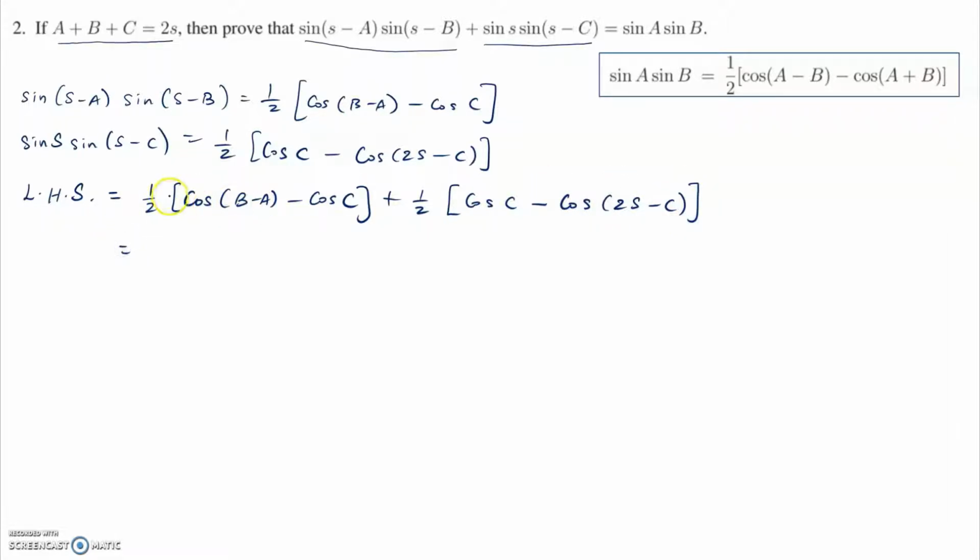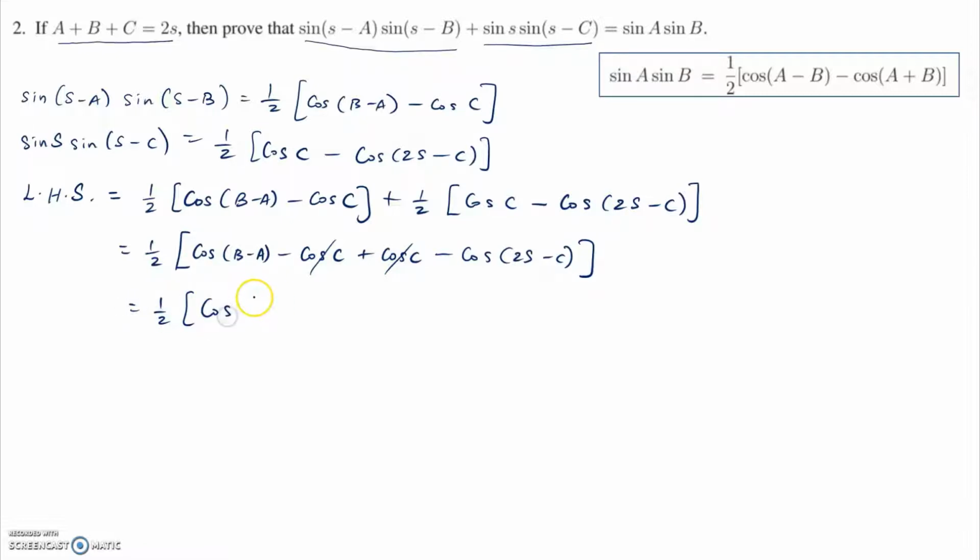Further simplifying, let us take the half as a common factor outside. So, this becomes cos(b minus a) minus cos c, and you have a plus cos c here. Then you have a minus cos(2s minus c). Cos c and minus cos c will get cancelled. So, now we are left with half cos(b minus a) minus cos(2s minus c).